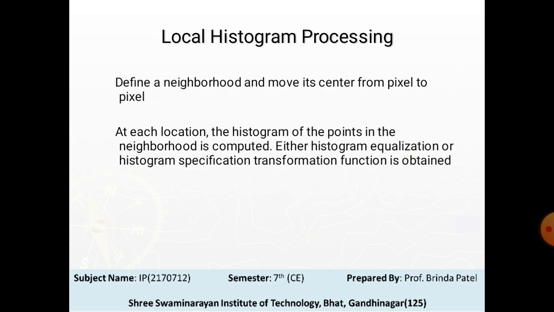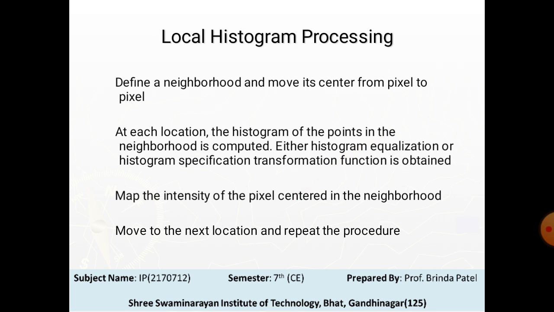At each location the histogram of the points in the neighborhood is computed and either a histogram equalization or histogram specification transformation function is obtained. This function is finally used to map the gray level of the pixel centered in the neighborhood. The center of the neighborhood region is then moved to an adjacent pixel location and the procedure is repeated.